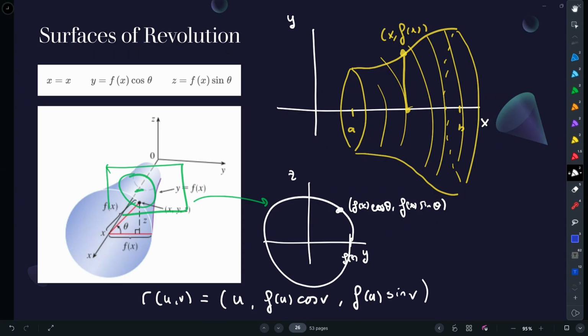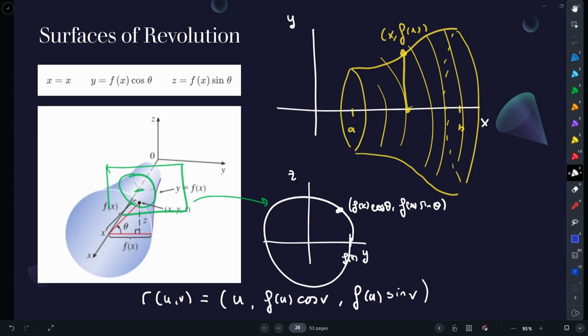That is a parameterization in uv space of this. If I put no limits on this, I'm going to get an infinite object of revolution, which could be something like Gabriel's horn.